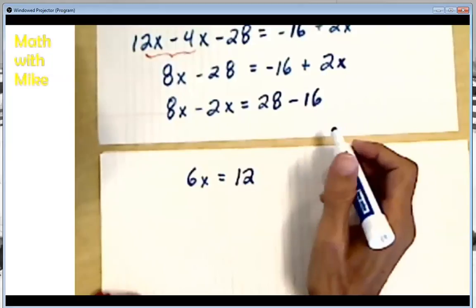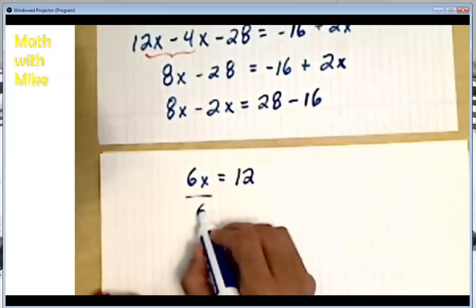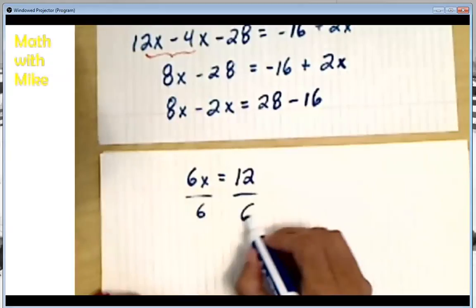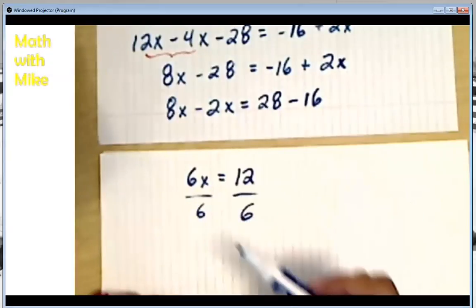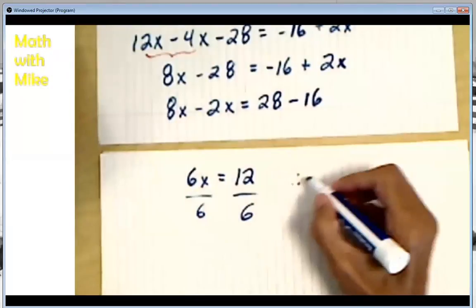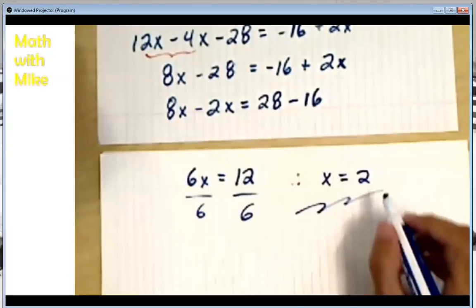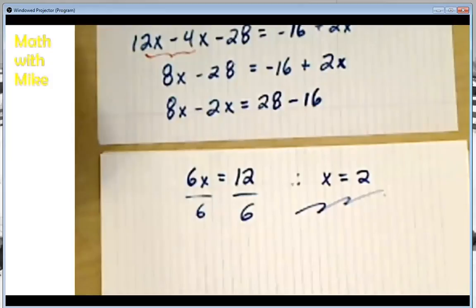That's right. And so now solving for x, you divide both sides by the 6 that you see in front there. Final answer: x is equal to 2. Yeah, that's a nice one to end with there.